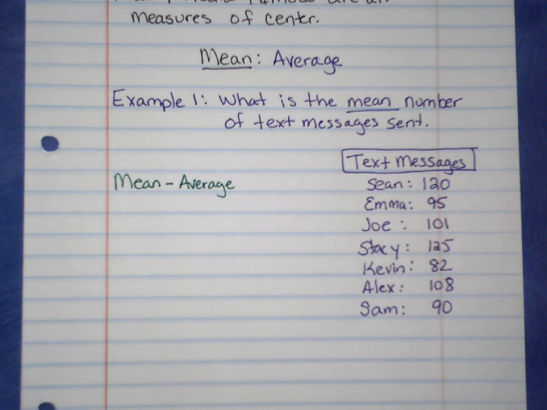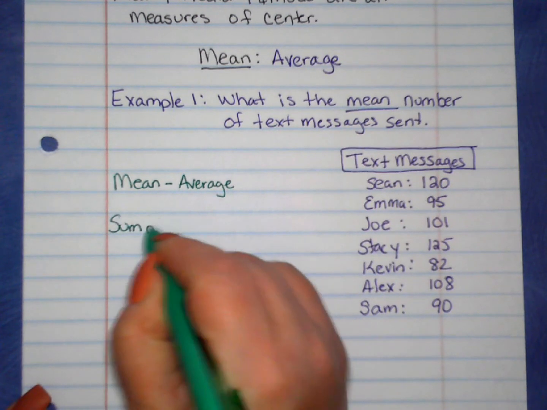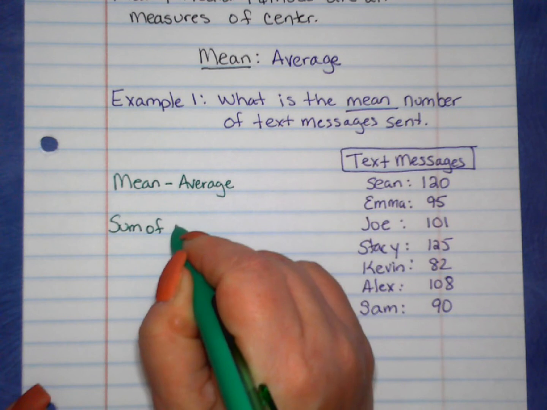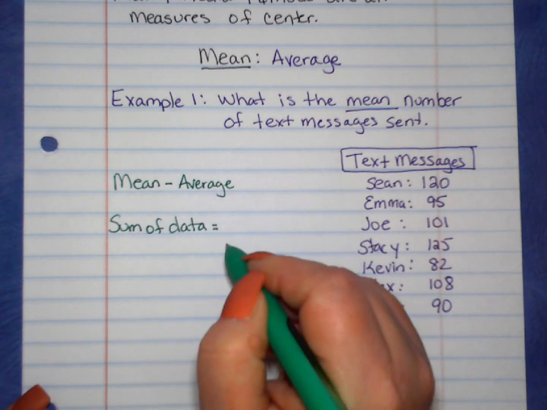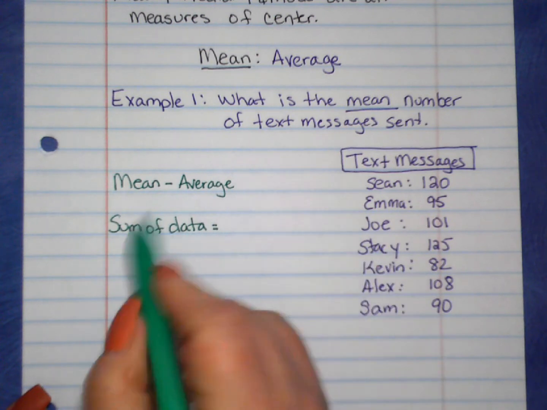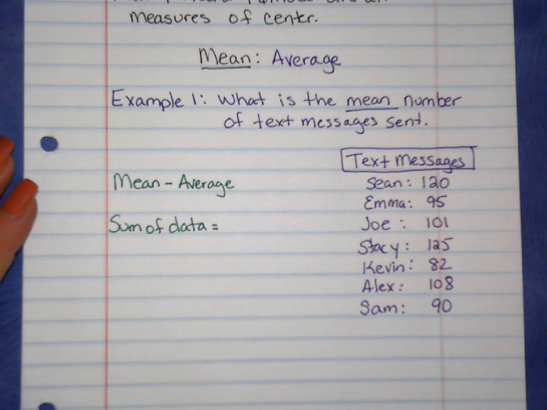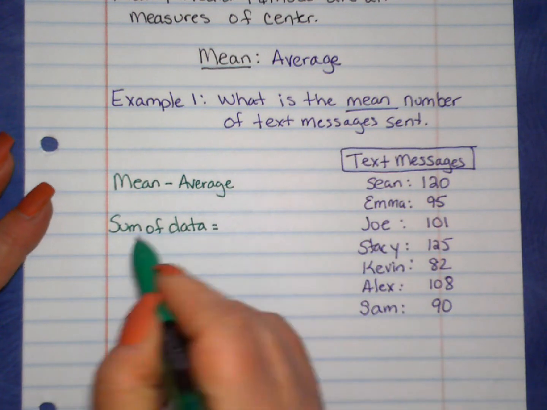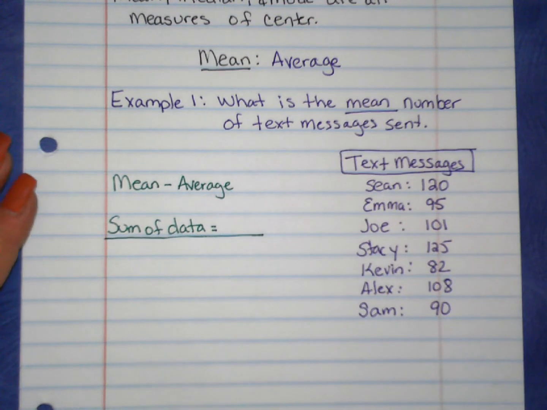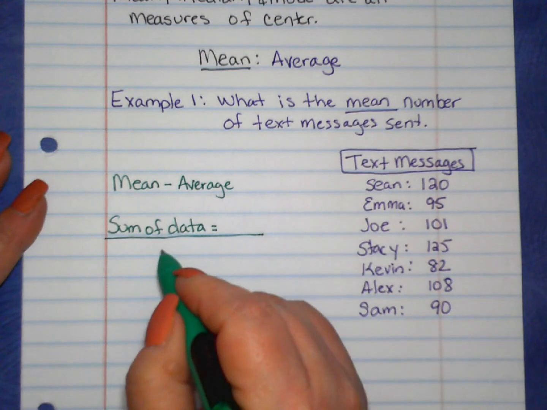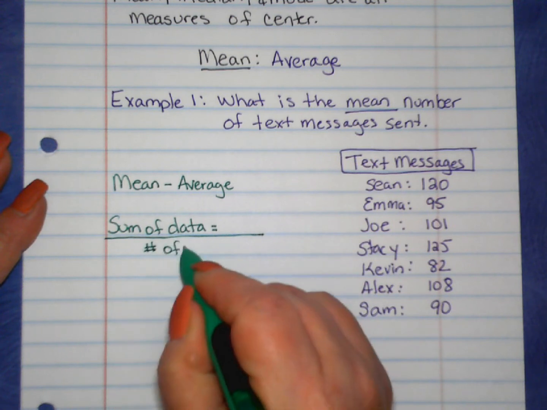The sum of the data equals whatever all of this is going to be. And then we divide it by the number of values.